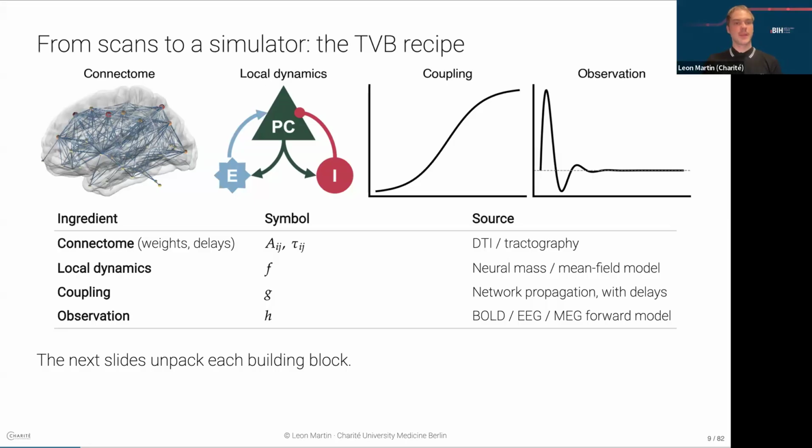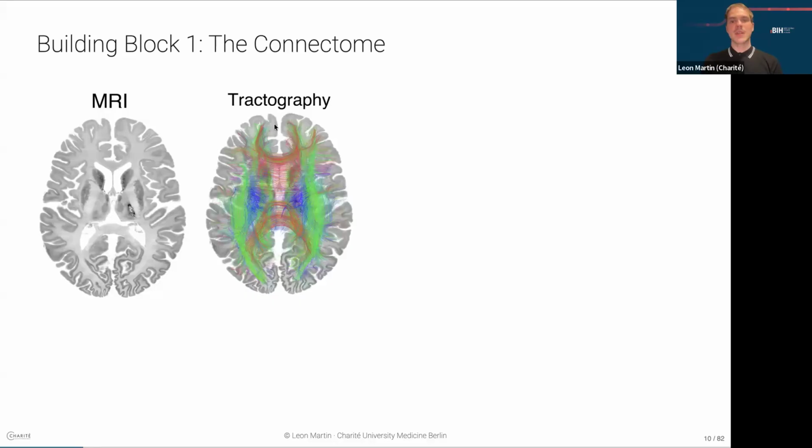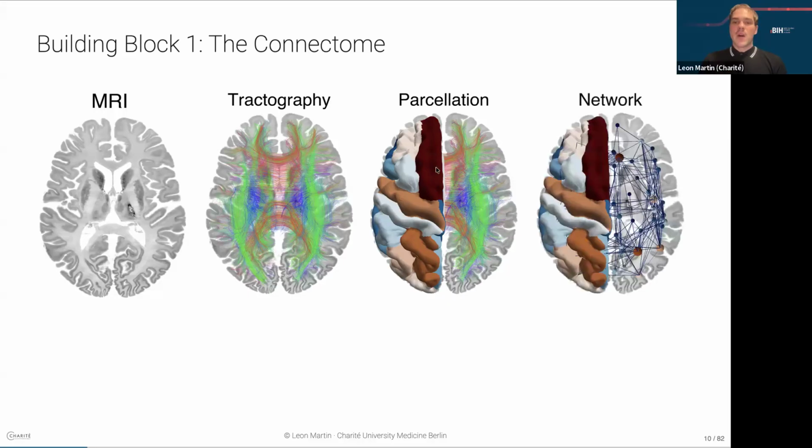So the building blocks: diffusion and general MRI to get the geometry of the brain, to get the cortical folding, to also know where the white matter and the gray matter is. We get the tractograms, the cables. We parcellate the brain into regions. So everything, as I said before. Then we count how many cables are between each parcel of the brain, so we can abstract into the network, because this is the wiring diagram that is then setting up the hardware, so to say.